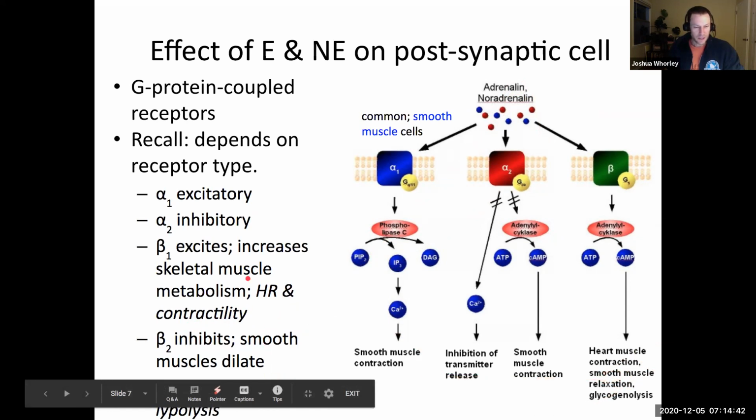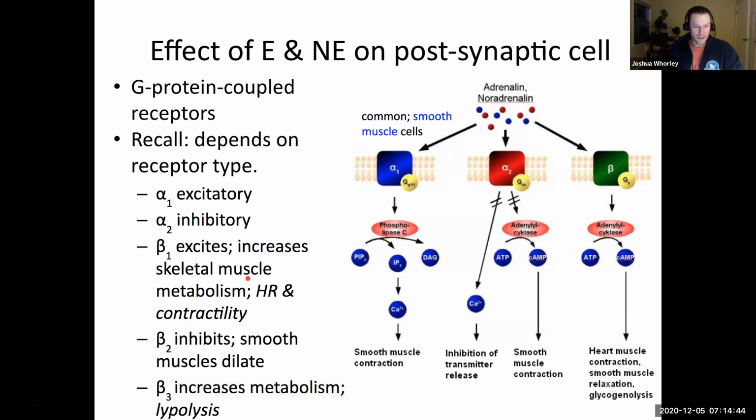And then finally, beta 3 receptors, we tend to see these on fat cells, and these are generally excitatory. And so when we get norepinephrine or epinephrine binding to beta receptors, we get an increase in metabolic rate, an increase in the liberation of fats via lipolysis, so an increase in fatty acid breakdown and export into the bloodstream.